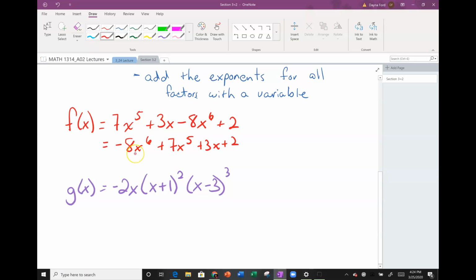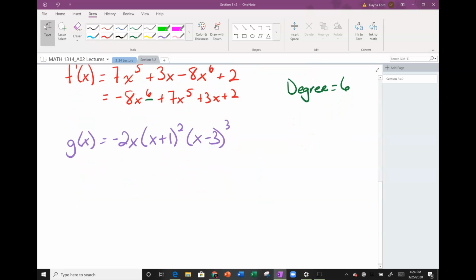Now it is written in that standard format. And so the degree of my polynomial will be 6. It's my largest exponent. It has nothing to do with the coefficients, the numbers out front. It has to do with the exponents.